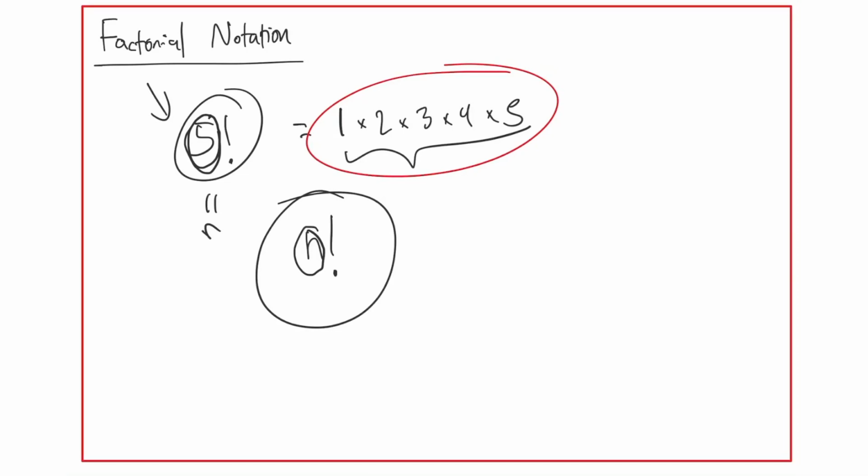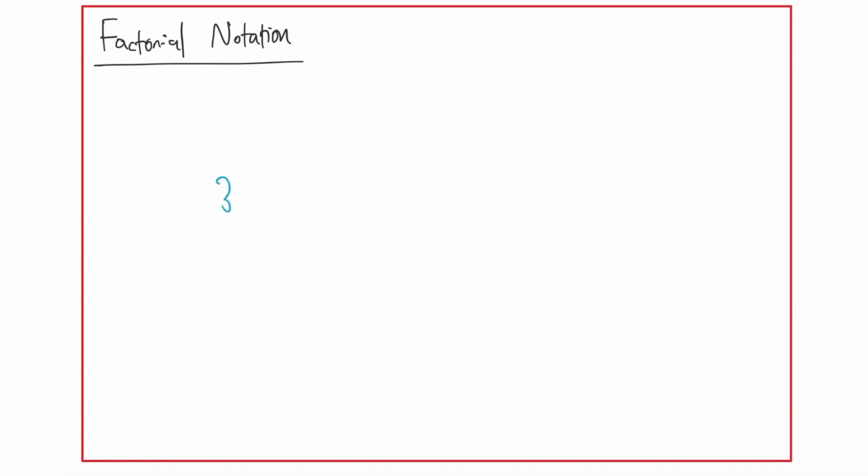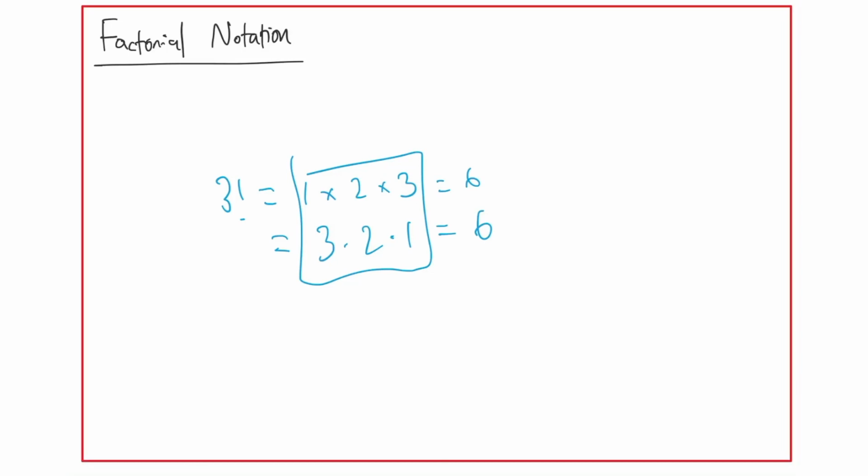Great. Let's take another example. Consider 3 factorial. That would be written as 1 times 2 times 3, which is 6, or 3 times 2 times 1, which is 6. You pick whatever looks nice to you, but you get the point.